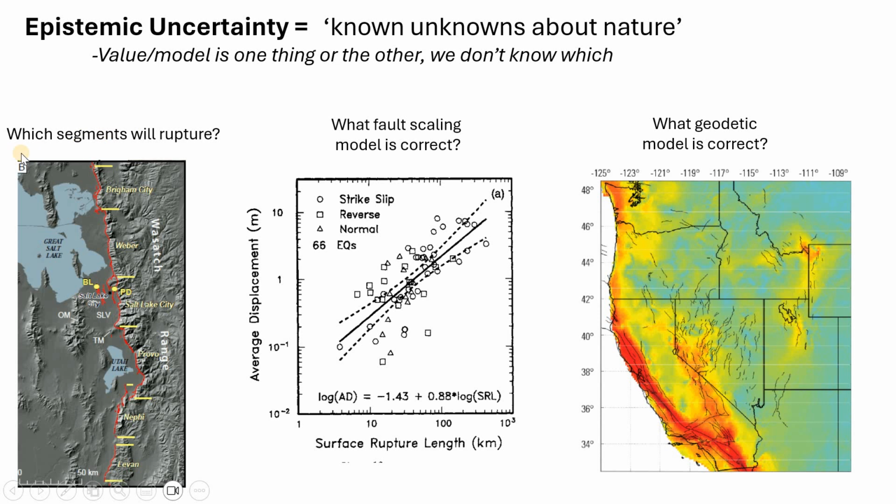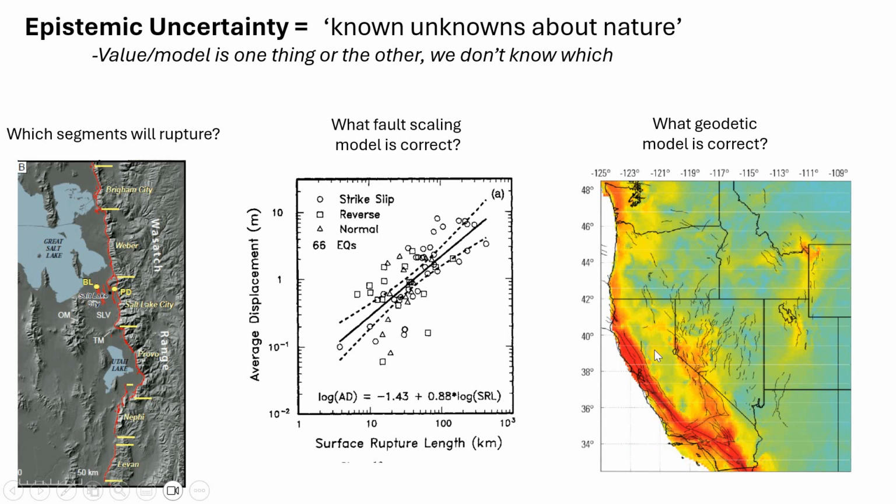So an example of epistemic uncertainty, which segments are going to rupture during the next quake? Or what fault scaling model should we use to scale rupture length to displacement? There's been 4 or 5 of these proposed, and which one should we use? Which one is correct? Or another common one is, what slip rate should we assume for the fault?